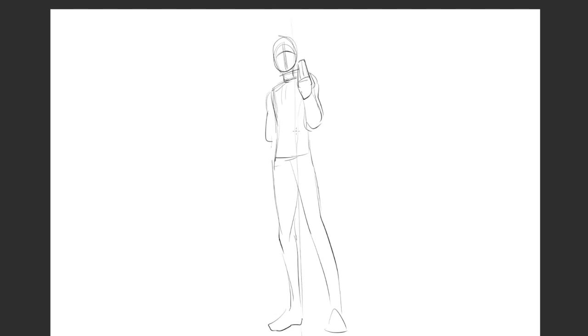But the idea is the center of gravity of the character that you are posing. The center of gravity is in most cases located in the lower abdomen part. So over here. As long as this is in line with the foot, it would certainly make the pose of your character look stable.